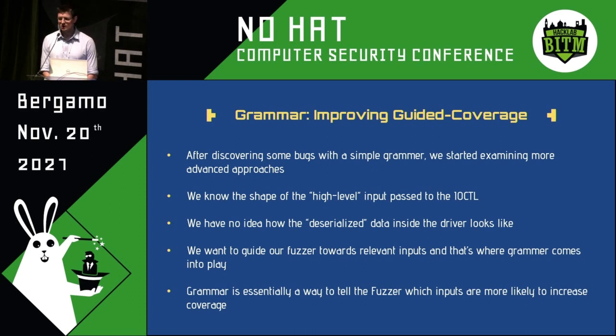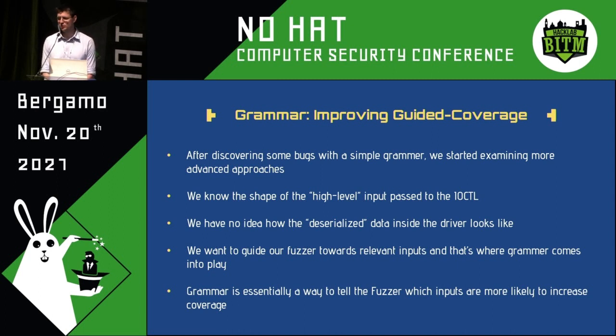All right. So before we proceed to see how the harness actually looks like, a few words about grammar. We've seen that we can discover bugs using a fuzzer, even with a simple grammar. By simple grammar, essentially, I mean that we check for some specific structures or for some specific magic.